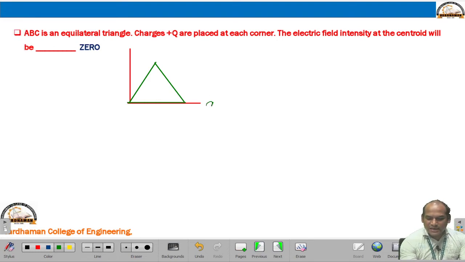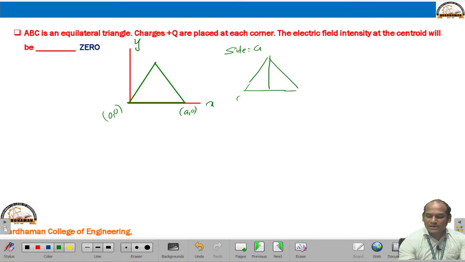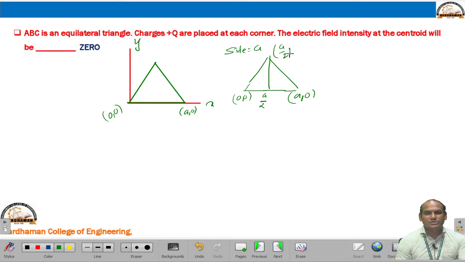So this is x axis and this is y axis, this is 0 0, and I am assuming the side of the equilateral triangle is A. So side is equal to A. So this length is A only, that means here A comma 0 is there, and this is our equilateral triangle, this is 0 0, and up to here it is A by 2 and it is A comma 0, and here x coordinate is A by 2 and y coordinate means we need to use the Pythagoras rule.